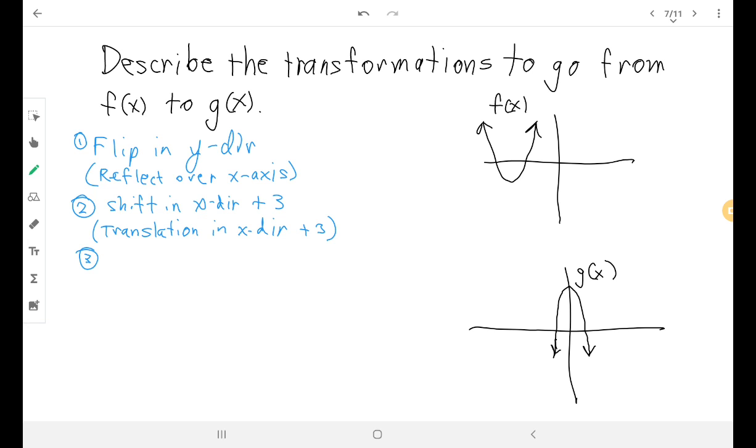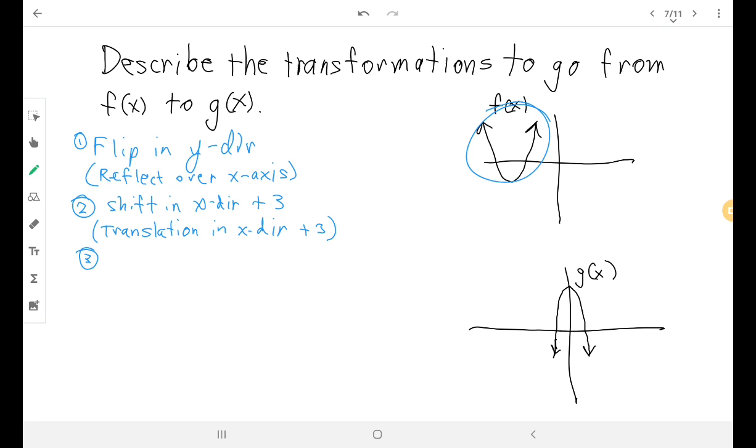And then the third thing that's happening is, do we have a shift in the y direction? Well, think of if I took this and just flipped it over, I'd be up at the same height, and I kind of look like I'm up at that height. So I don't think there's any shift in the y direction.